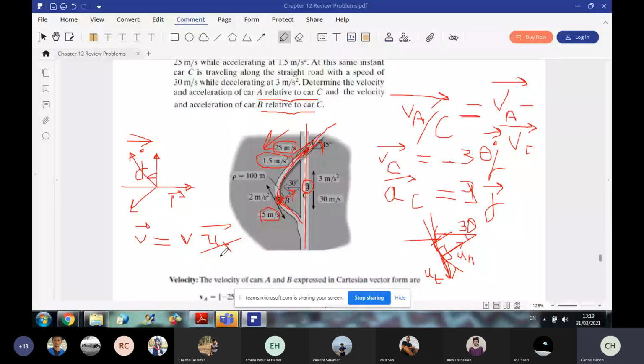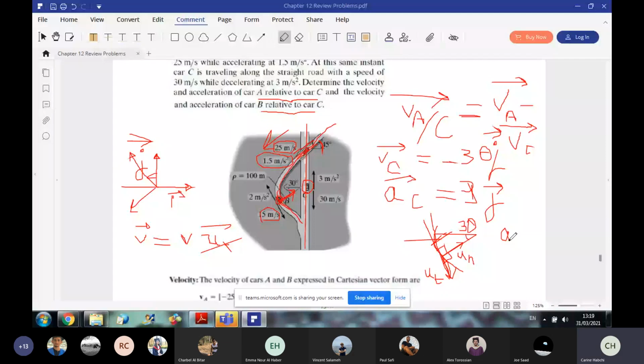Now, I still have the normal acceleration. The normal acceleration is directed towards the center of rotation, so it's along UN. And we know that the normal acceleration in magnitude is given by v squared over rho.